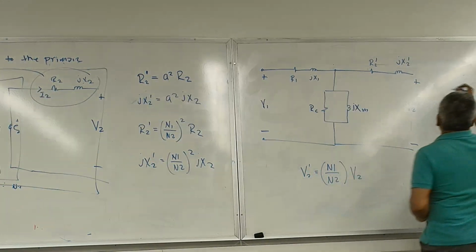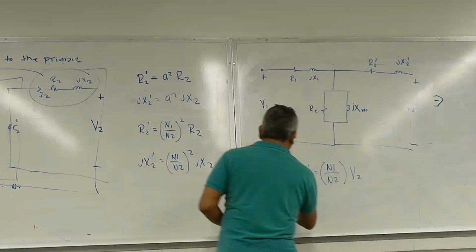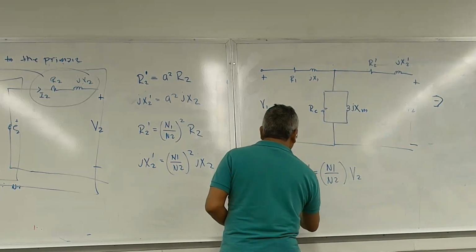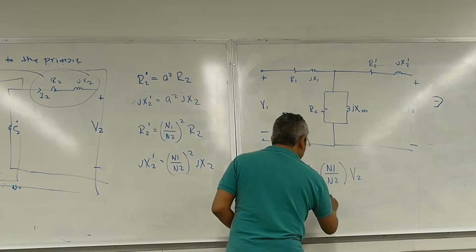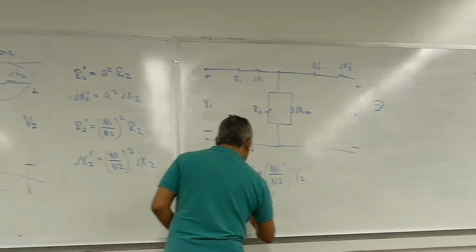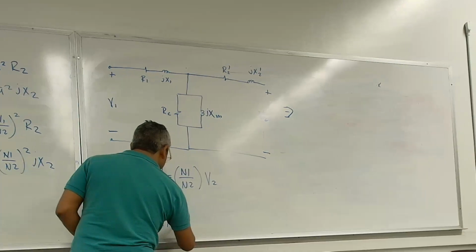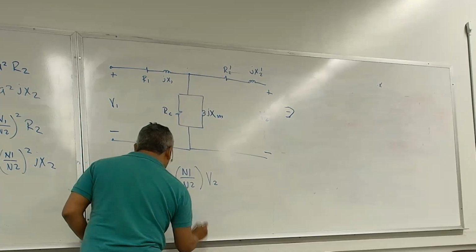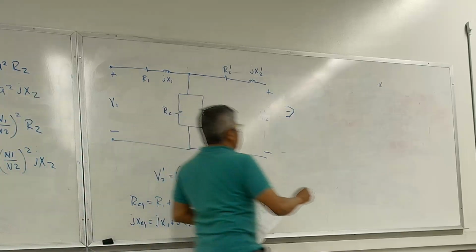So one more step for this transformer. We're going to say that REQ is equal to R1 plus R2 prime. JXEQ is equal to JX1 plus JX2 prime. Let me draw it here.